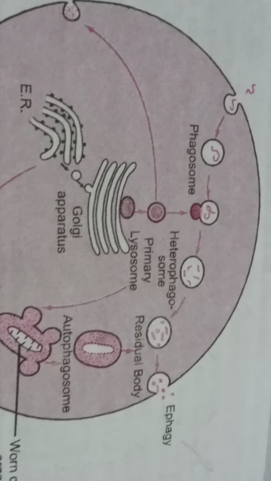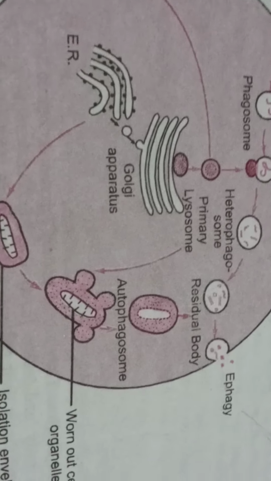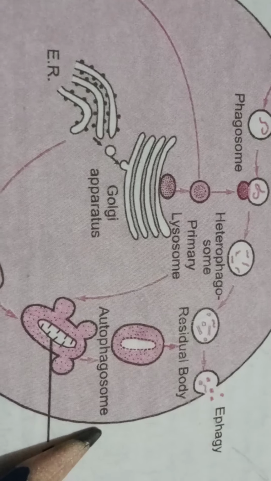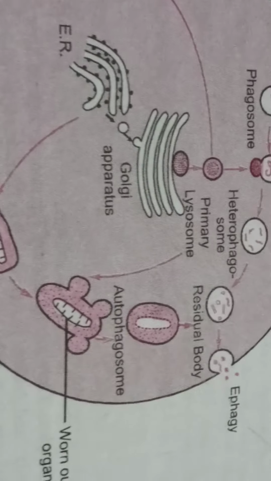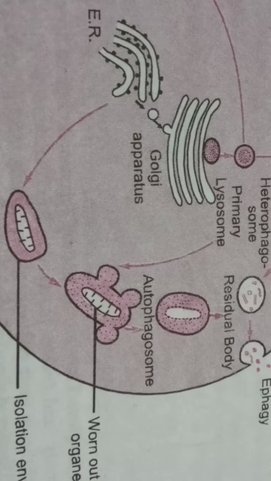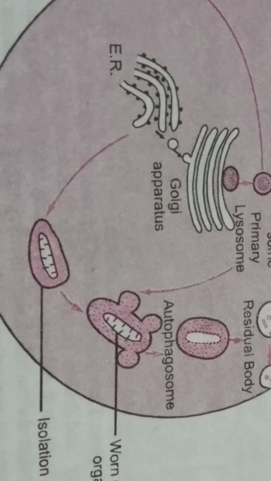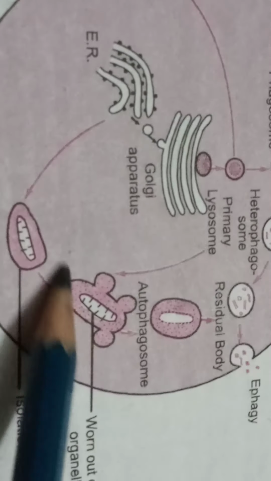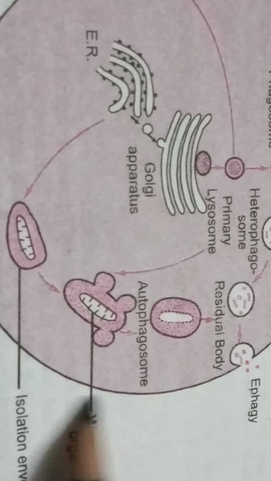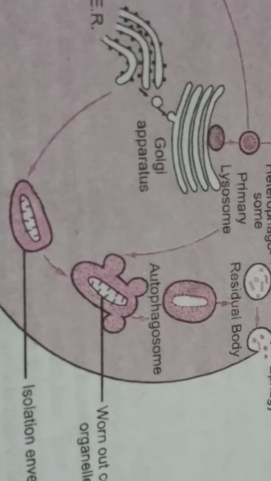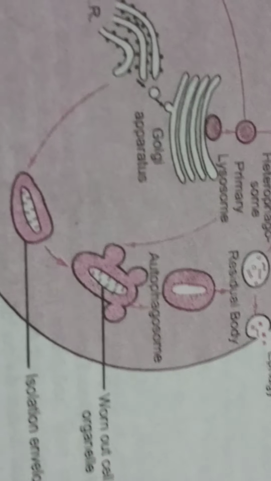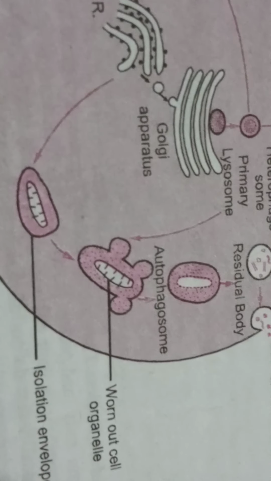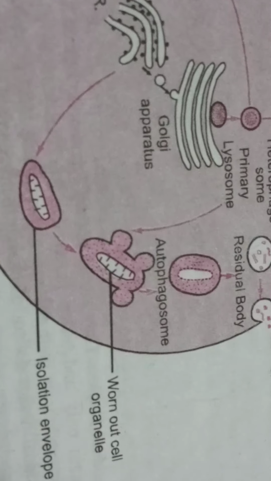Then the fourth one is the autophagic vacuoles, or autophagosomes. Autophagic vacuoles are produced by the fusion of a number of primary lysosomes. As you can see, primary lysosomes come together, they fuse, and finally they form the autophagosomes. These structures perform the functions of autophagy.